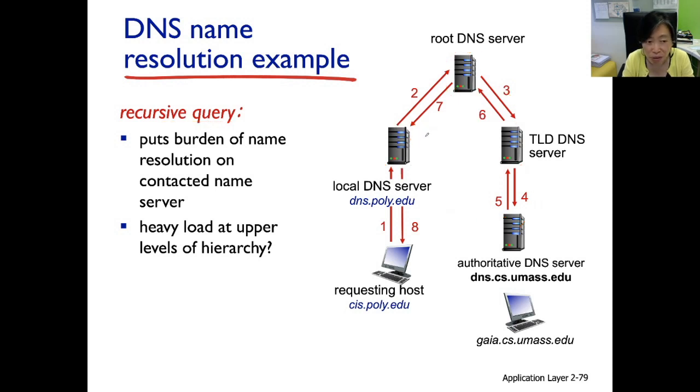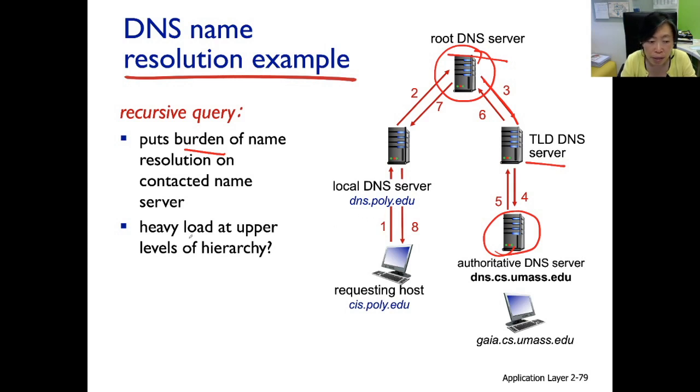Right? Can you see an issue with this? Yeah, so this way of querying puts a burden on name servers that are high up in the hierarchy. There's going to be a lot of queries coming to the root, and a lot of queries coming from the root to the TLD, although the load on the authoritative DNS server remains the same.